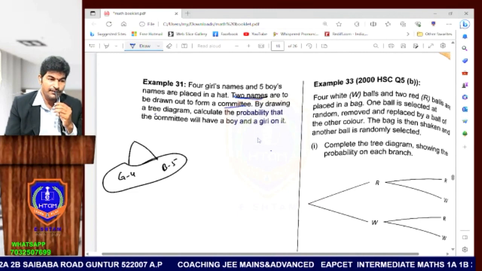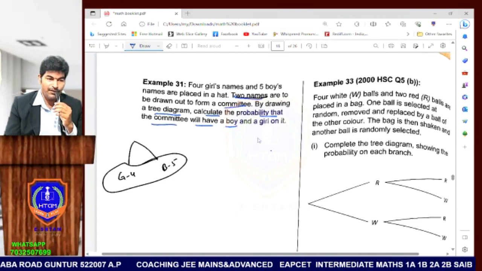By drawing a tree diagram, calculate the probability that the committee will have a boy and a girl on it.